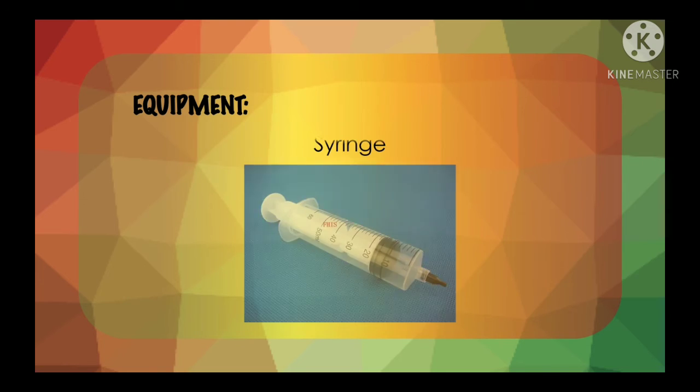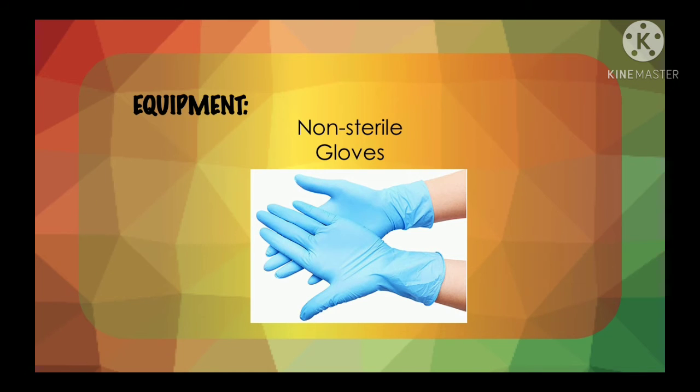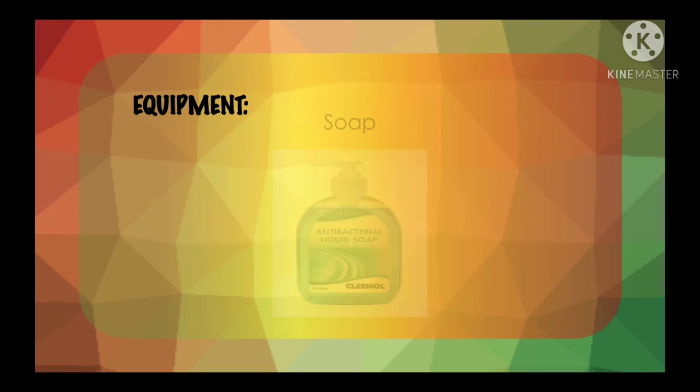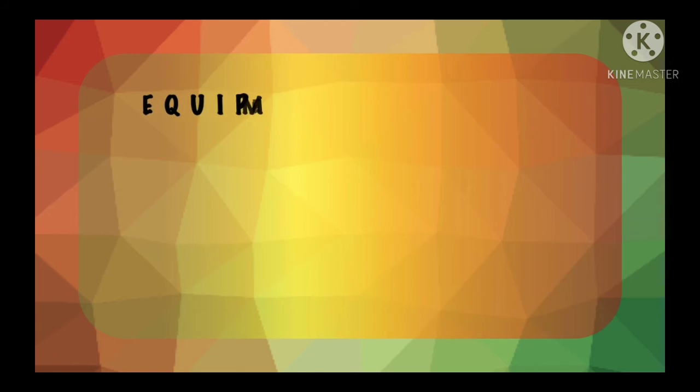The equipment needed for removal of the indwelling catheter. First is the syringe, graduated container, non-sterile gloves, basin of warm water, soap, washcloth, linen saver.